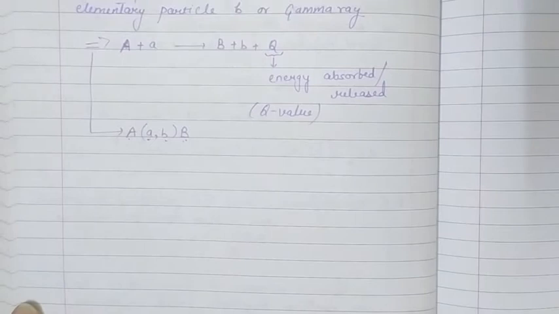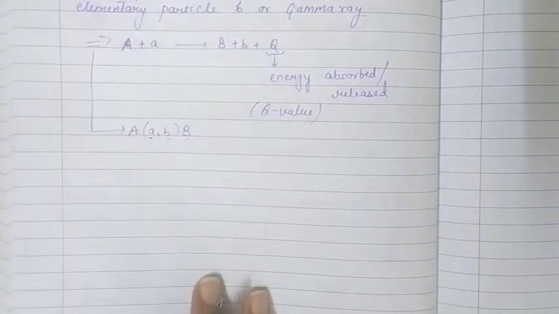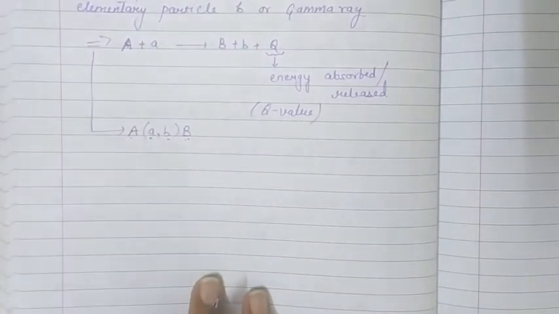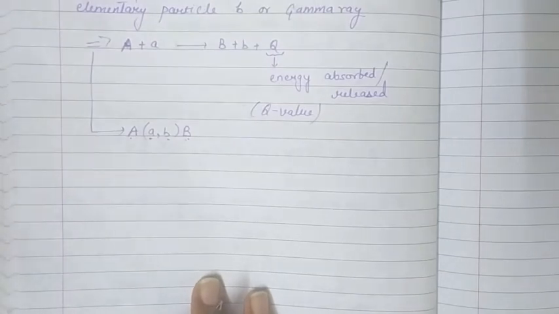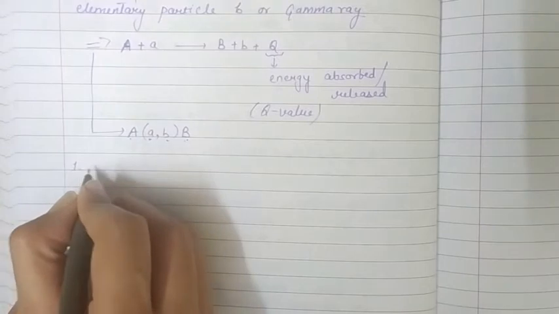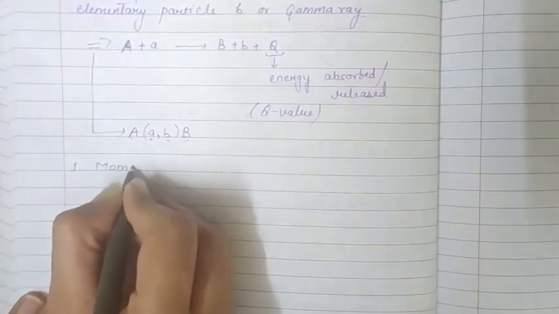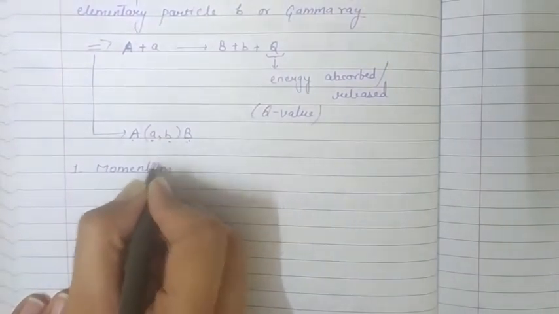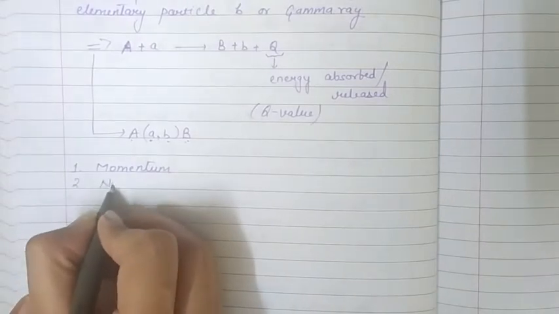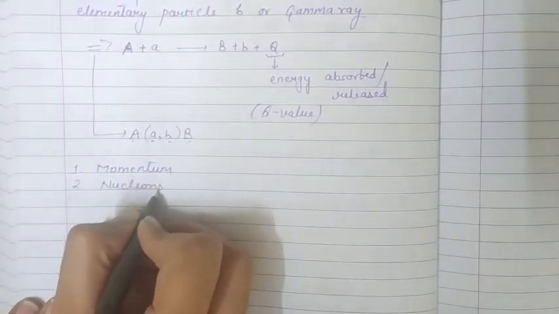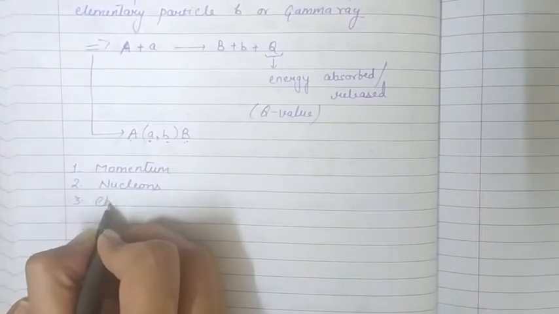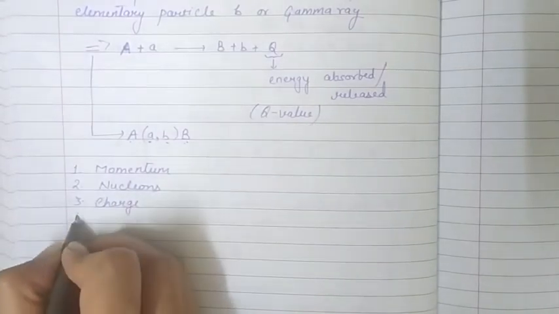Now there are some physical quantities that remain conserved during a nuclear reaction. These quantities are: first is momentum, second is nucleons, third is charge, and fourth is energy.